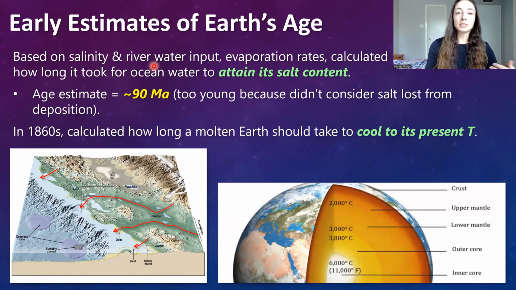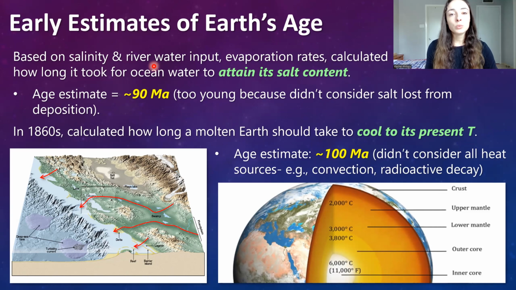Another estimate that was much too young was made in the 1860s, in which Lord Kelvin calculated how long molten Earth should have taken to cool to its present temperature, and the age estimate was around 100 million years. Again, much too young because he didn't take into consideration all the heat sources. This was not his fault.